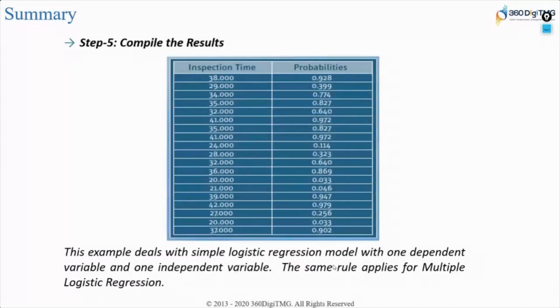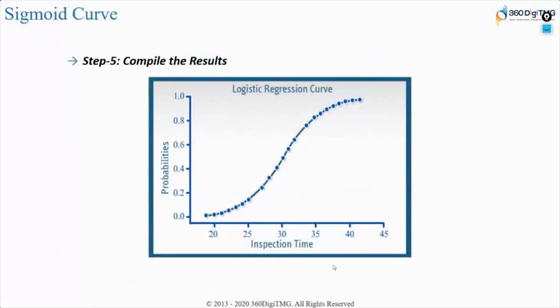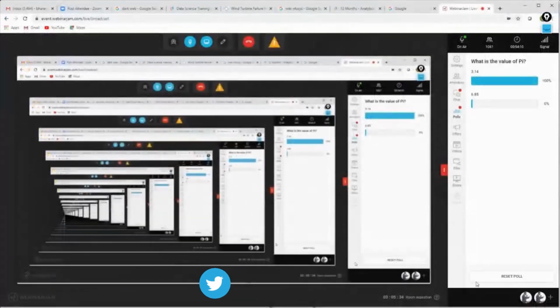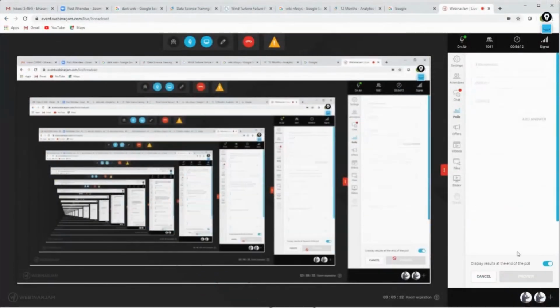What you can also do is very interesting. You can take all the various inspection values and start calculating the probabilities. By looking at this curve, answer me this. Another question coming your way. Let me add the poll.